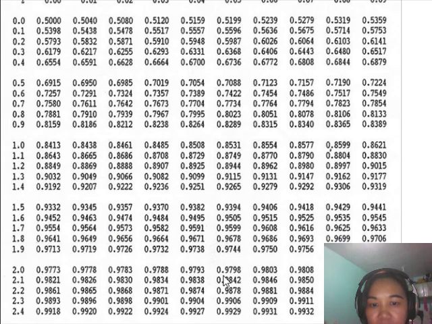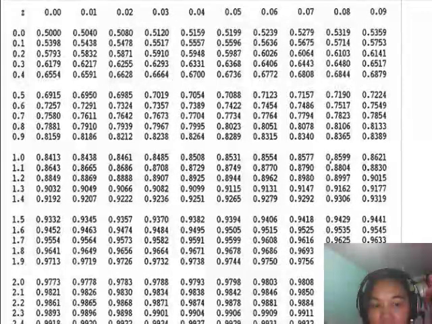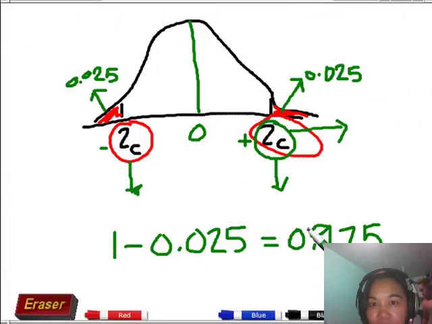So where is that 0.975? This is 0.9719. So here, this is 0.9750. Look at this one. This is 1.9, and this is 0.06. So that gives us 1.96.